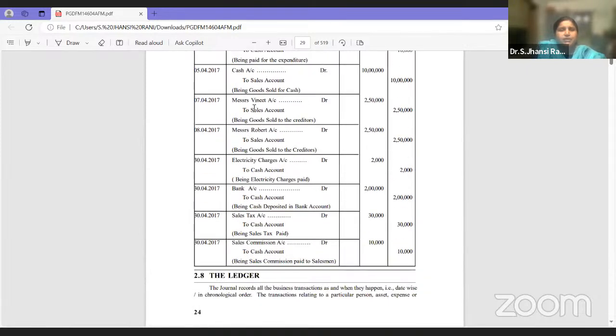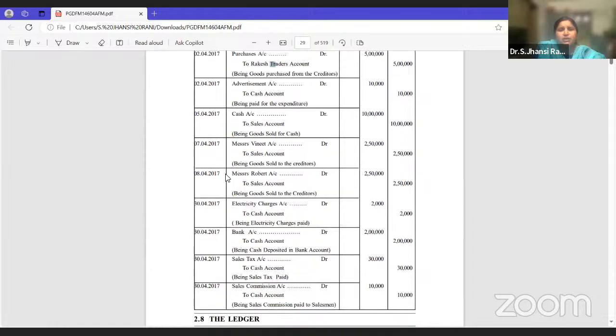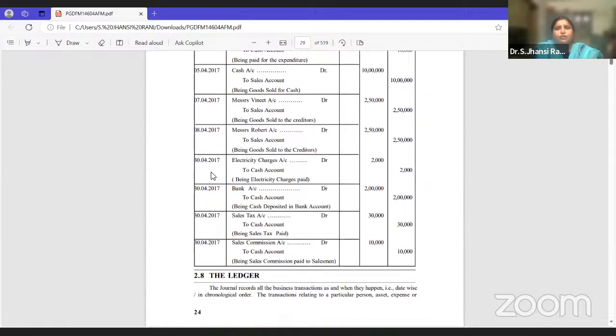Even Vinith is coming two times, Rakesh Traders is coming two times, and purchase is also coming 3 to 4 times. All this we will bring together. For example, we write a cash account, where at the end of the year it will be easy for us to check the balance of cash available with us.